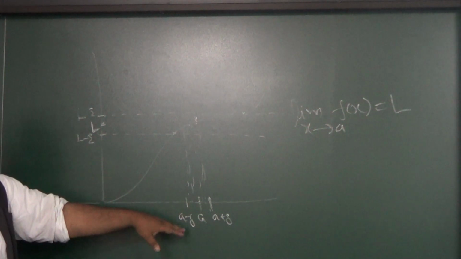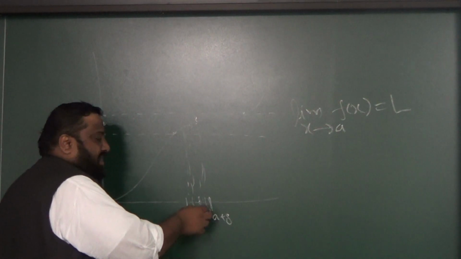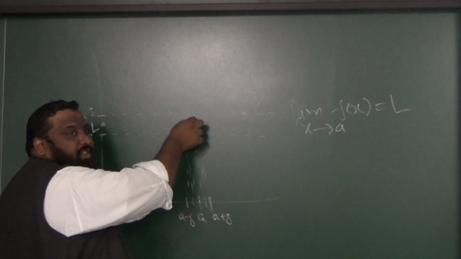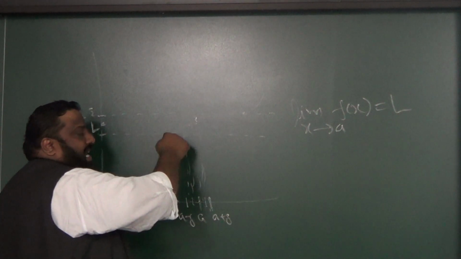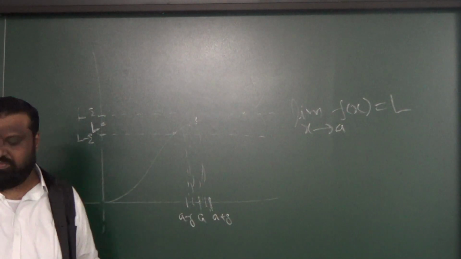In fact, not only this delta, but instead of this delta, if I choose another delta and consider all outputs, they are still in my allowed interval. You can have many deltas. Are you getting the point?